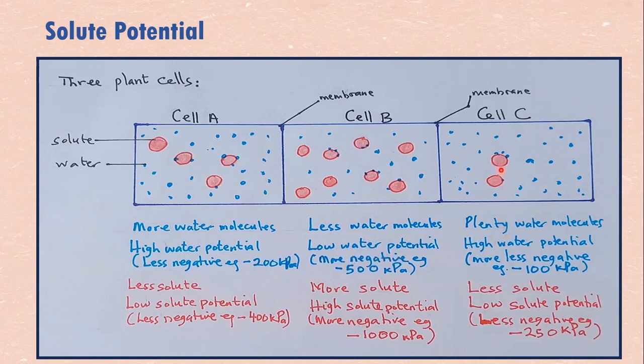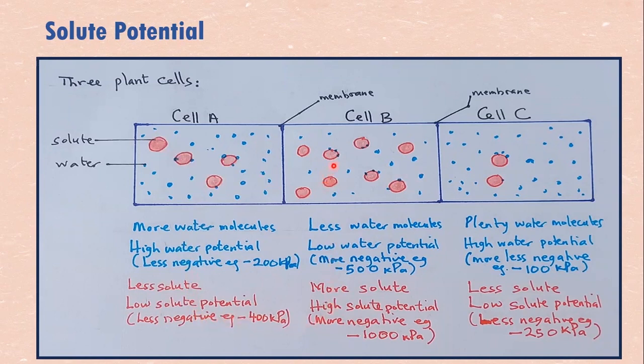This one has more water molecules. They have a high water potential. You see that this water potential is higher than this one. So the higher water potential means less negative. It's more towards zero than this one. Meanwhile, when you look at solute potential, this system has less solute, so it has less negative.